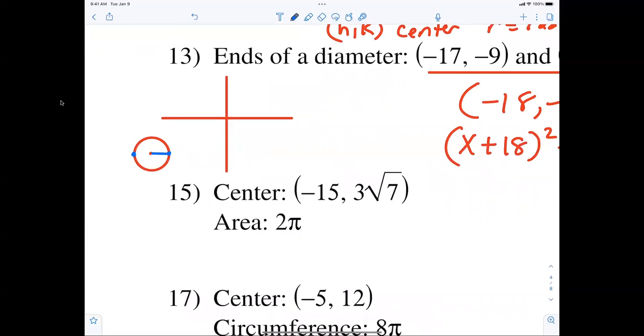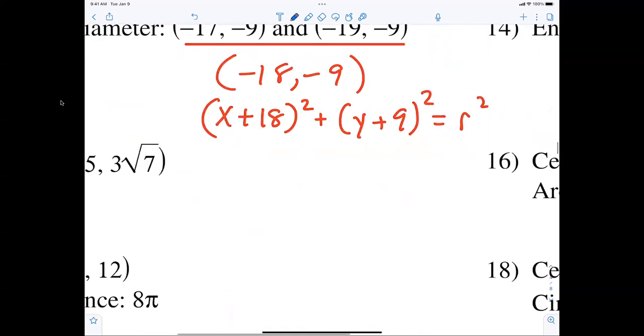And the reason it's not that hard is because it's just moved horizontally, correct? Does anybody have any questions with that? So the radius is in fact 1. My answer is (x + 18)² + (y + 9)² = 1², and 1² is just 1. So that's the answer to the first one.